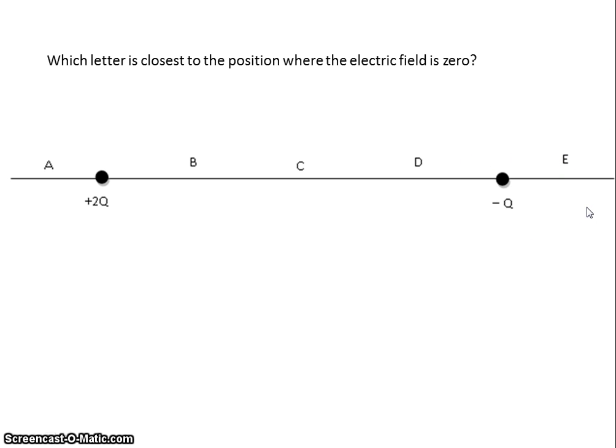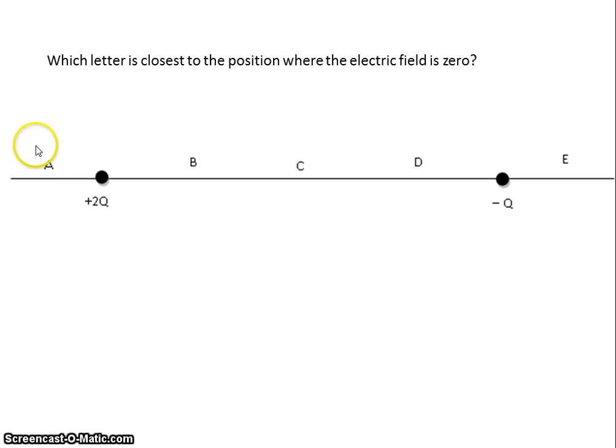And they're trying to figure out where would the electric field be equal to 0. And students unanimously said over here at E, and that's because electric field vector from charge 1, which is positive, would point to the right. An electric field vector from charge 2, which is negative, would point to the left. And so over on this side, it could possibly equal 0.